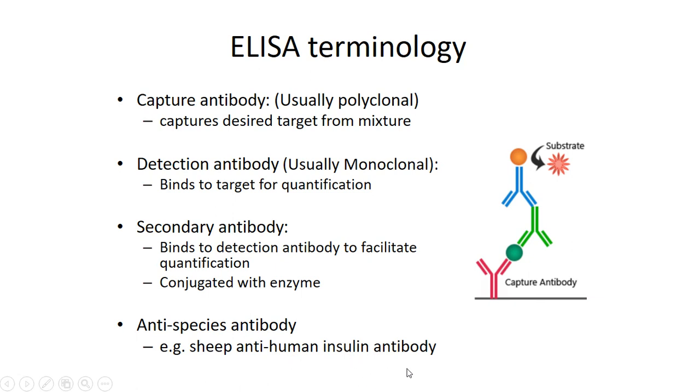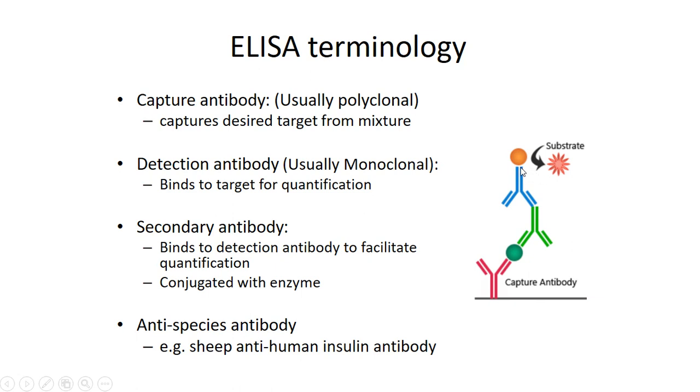In this case I've used insulin. And if the detection antibody was produced in a mouse, directed against human CRP, then it's referred to as a mouse anti-human CRP antibody.